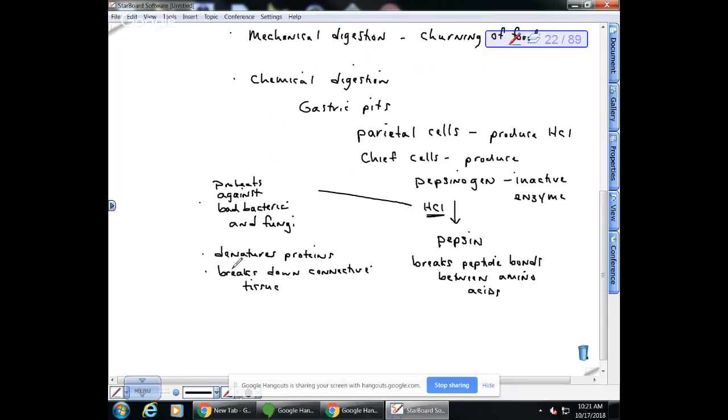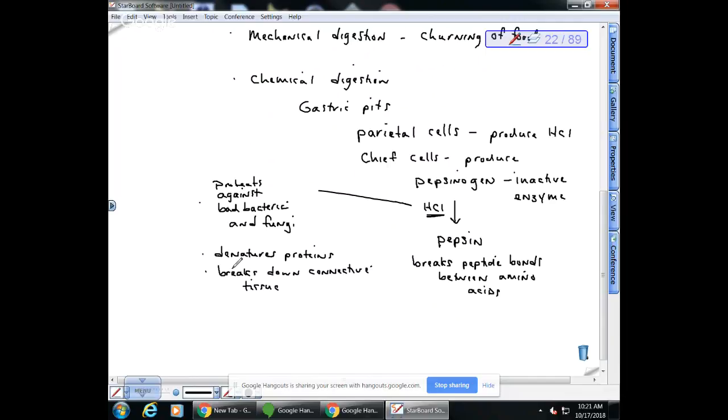And so it's harder to digest proteins if your stomach is not acidic. Specifically, animal protein is hard to digest. That's the hydrochloric acid. So it breaks down the connective tissue, breaks it apart, so that pepsin can gain access to all of the proteins that are in the muscle tissue.